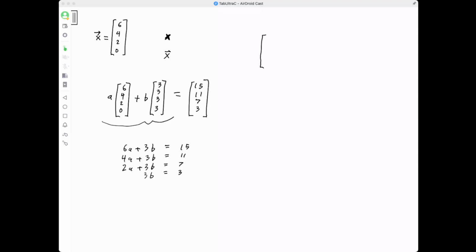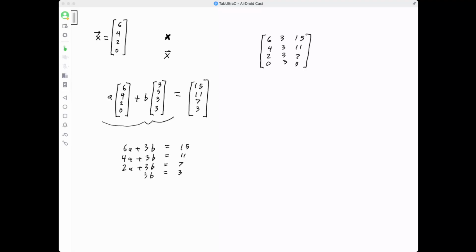We can build an augmented matrix like this, and then try to get it into a reduced row echelon form to solve for A and B.